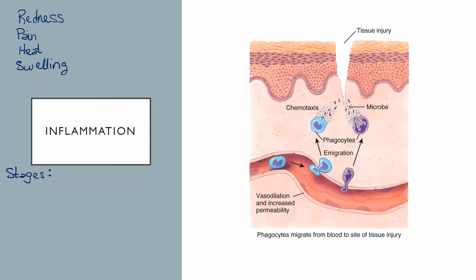Our first stage of inflammation is vasodilation and increased permeability of the blood vessels. I'm just going to do an up arrow, increased permeability of the blood vessels.